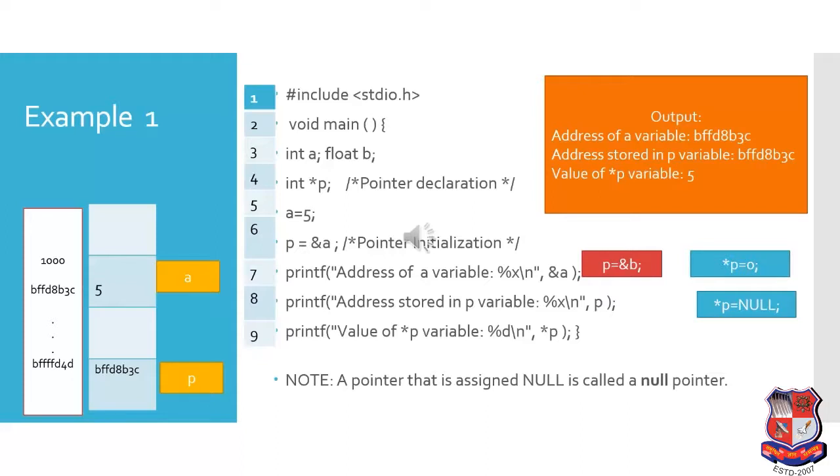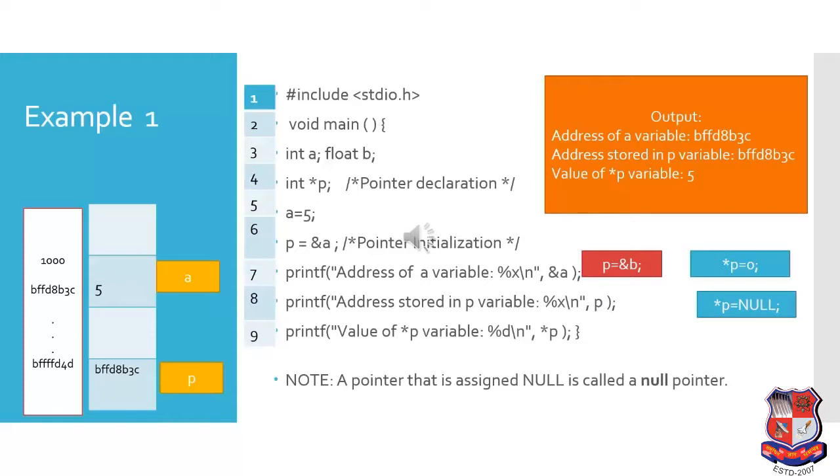So value at address P. P is holding BFFD8B3C. The value at this particular address is 5. So *P will display the value 5. Clear? This is very important. You should know what ampersand stands for, what asterisk stands for, and what output you get if you simply display the value of P.